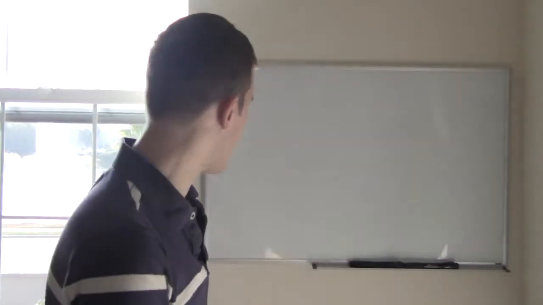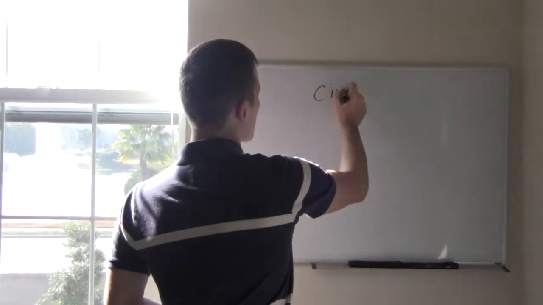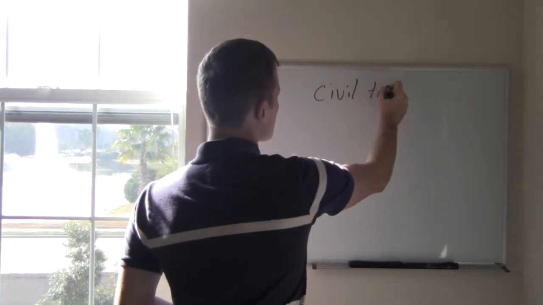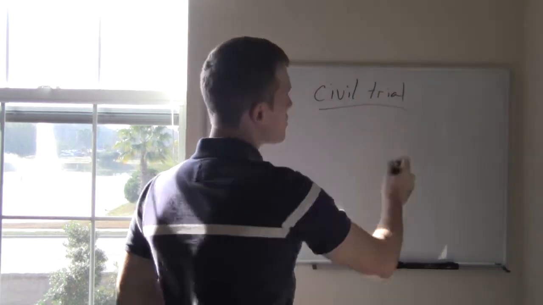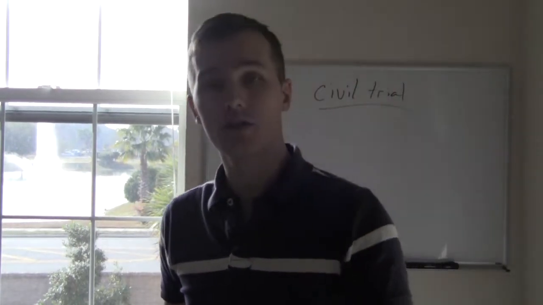We're talking about a civil trial when we're talking about courts. We'll talk a little bit more about this in a few minutes, but we're talking about an individual suing another individual or corporation and asking the court to perform some action.